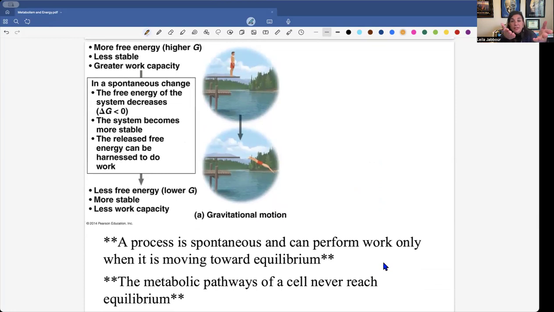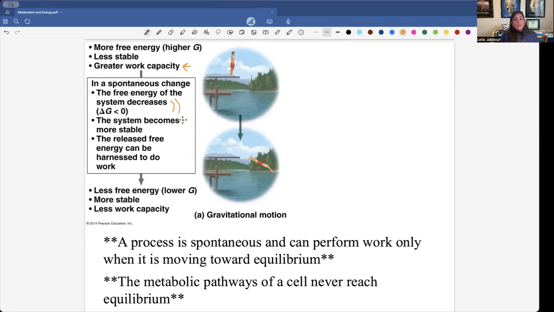So let's look at this diver. When he's on the diving board, he has a lot of free energy. He has a lot of work capacity, because when you have a lot of energy, you're going to be able to do a lot of work. He also has gravity that's going to be counted towards that. In a spontaneous change, the free energy of the system is going to decrease because it's going to be used up.